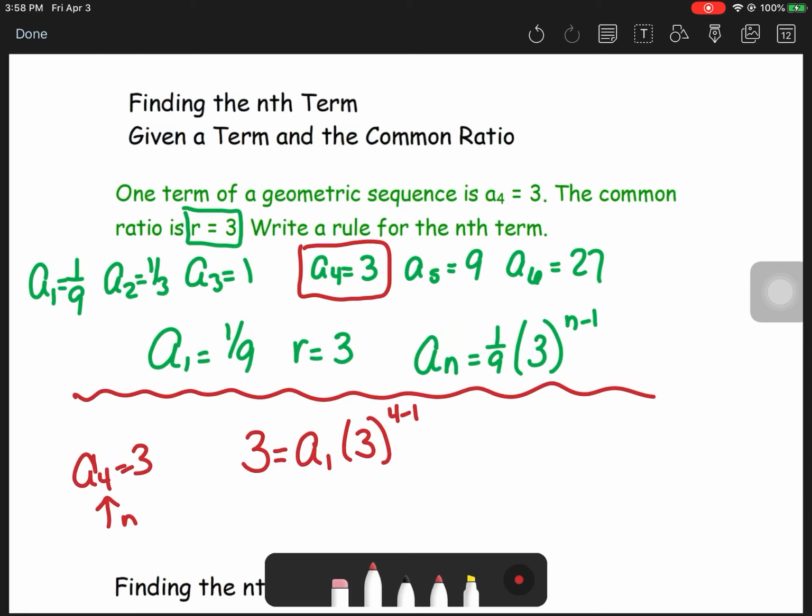So then I can calculate this. 4 minus 1 is 3. 3 to the third power is 27. And then I would divide both sides by 27 so I can find my first term. So you could do that either way, by counting or by calculating, and you'll get exactly the same answer.